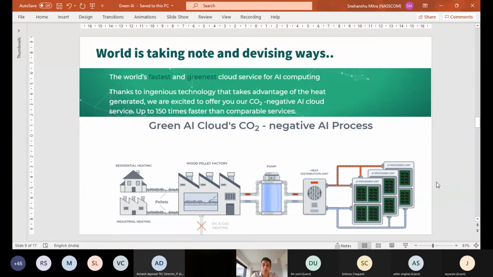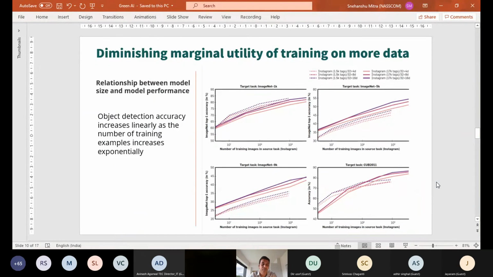I know of a green AI cloud services provider that has a similar mechanism. So I think this is a very interesting way of not just counteracting the effects, but also going a step forward in using that as a viable source of power, and effectively becoming carbon negative, not just carbon neutral.